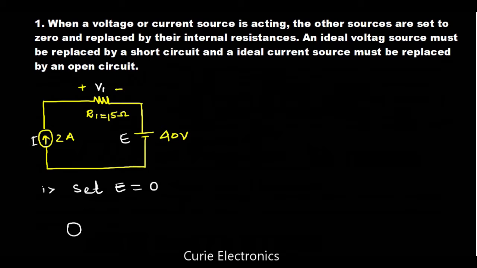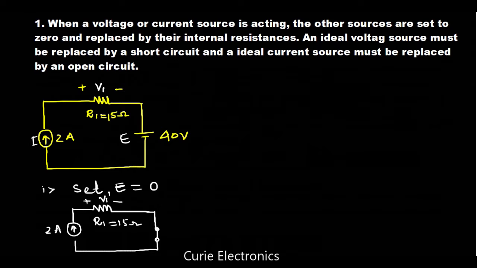We have a current source of 2 amps and a resistor R1 equal to 15 ohms, and across that is the voltage drop V1. We write V1 dash because we are considering one source at a time. Then the voltage source I'll replace by a short circuit. So I have short circuited this.